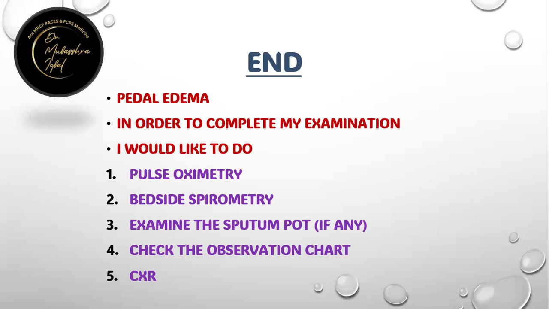And then you will start the presentation. In presentation, always tell your positive findings first in a sequenced way, and then important negatives. After that, tell the examiner your provisional diagnosis and list of differential diagnosis.